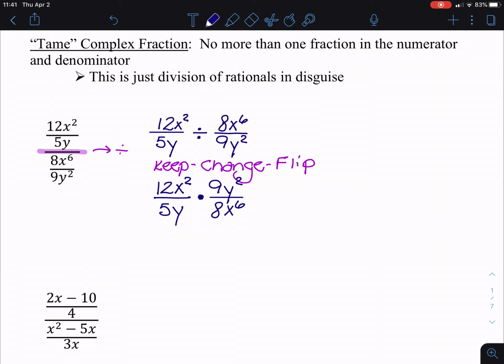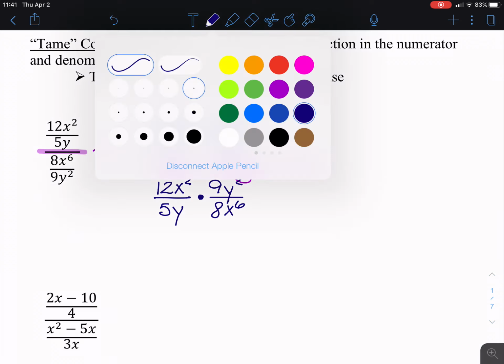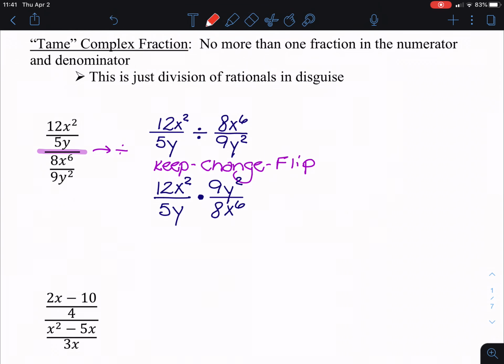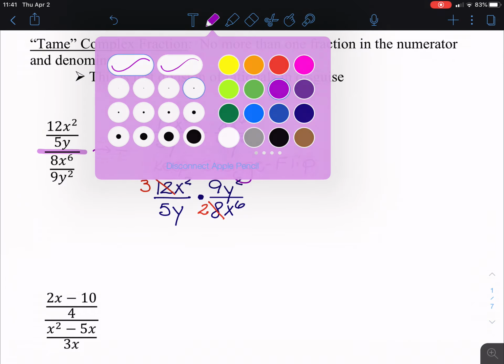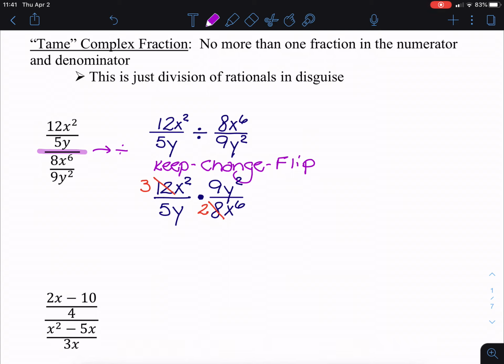Now that I've done that, I can go ahead and cancel everything that I possibly can. So 12 and 8 are going to help me cancel because 4 goes into 12 3 times and 4 goes into 8 twice. Okay. The next thing that I have is my x squared on top.